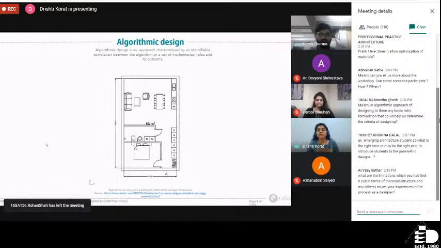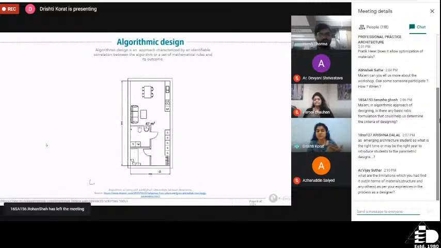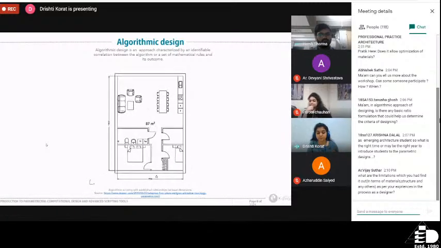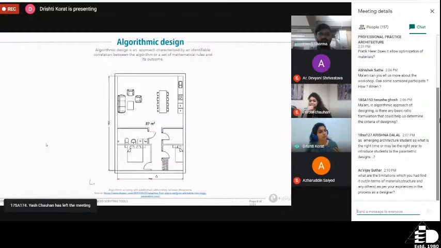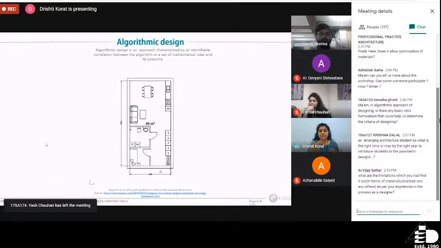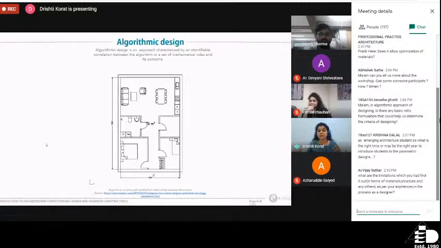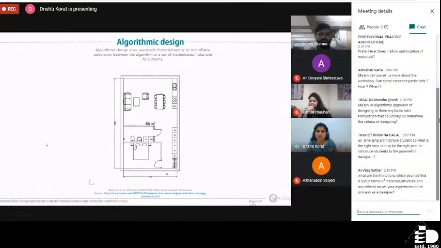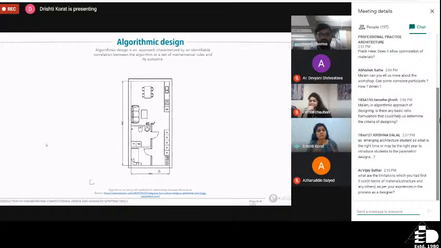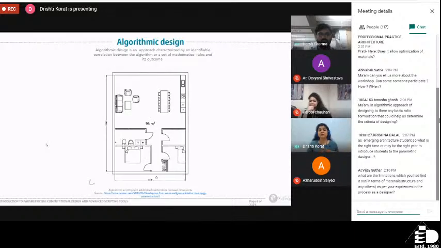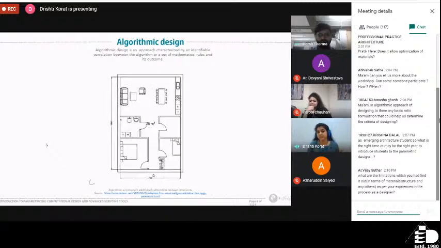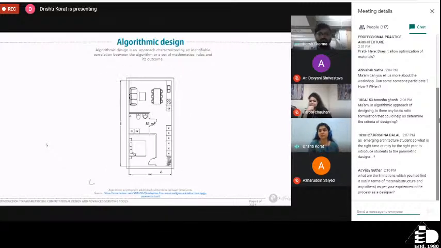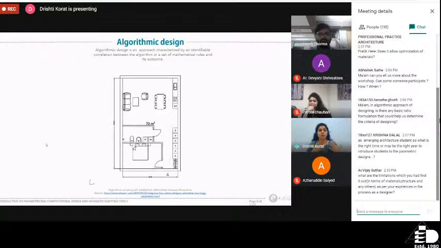You are taking all the decisions, and none of it is informed by the computer. It is only helping you make those decisions faster, or evaluate them. You make this courtyard 5 by 5, is it really helping, or is it too tight, or too big? So it is helping you be a little more informed about your designs, and at the same time it is helping you calculate many different options.